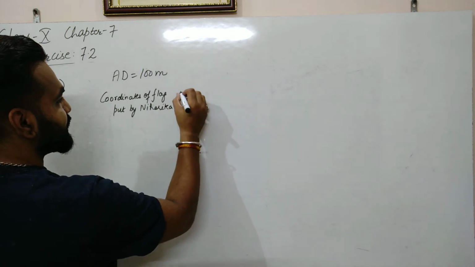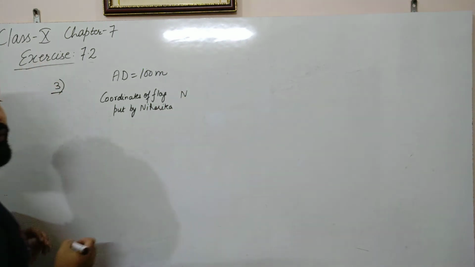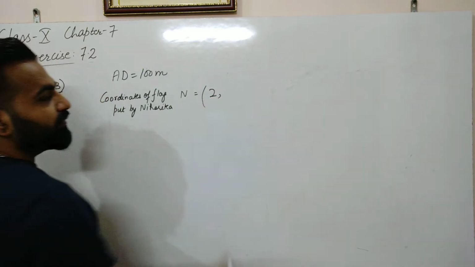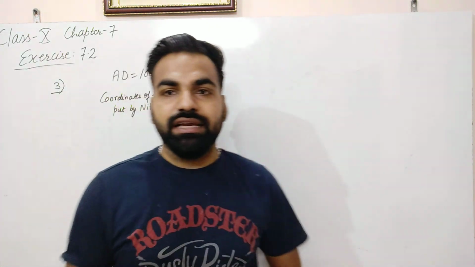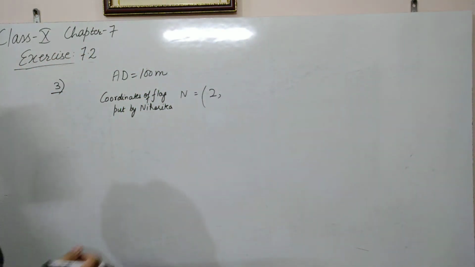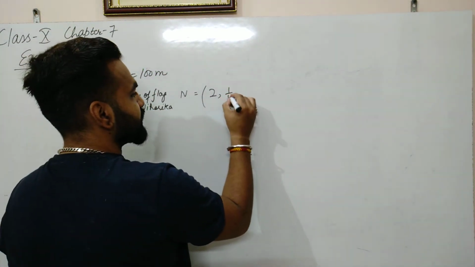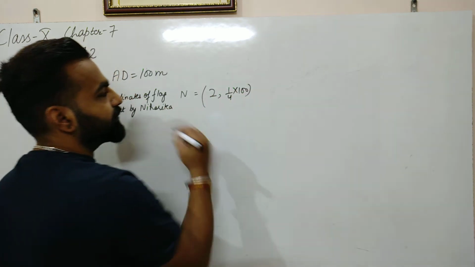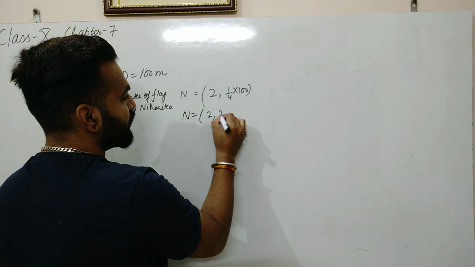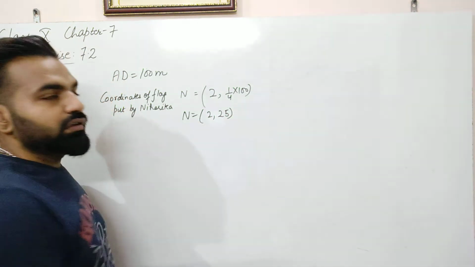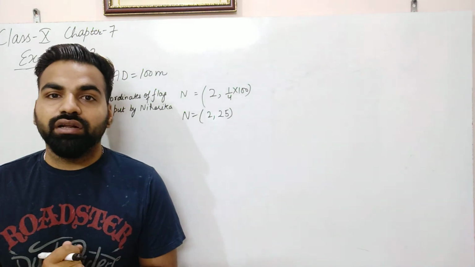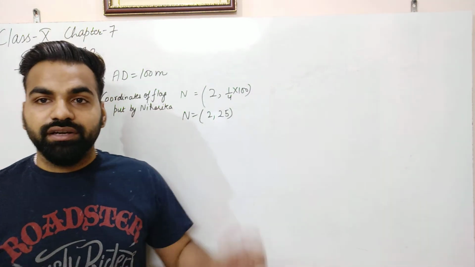Let us say this point is N. So the coordinates will be (2, y), because she is running on the second line, so the x coordinate will be 2, and on the y axis she covered 1/4 of the distance, 1/4 of 100, so the coordinates will be (2, 25). So the flag put by Niharika is at the coordinates (2, 25).